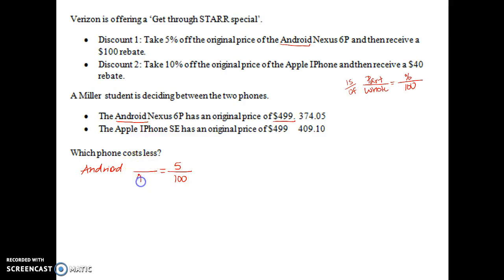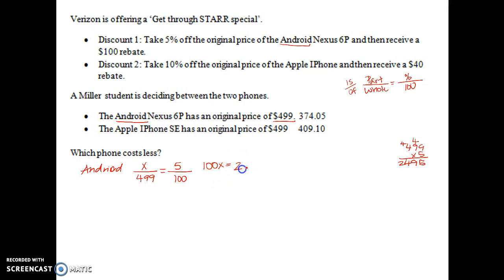So what we're looking for is 5%, so 5 over 100, of $499. So that's on the bottom, that's the whole. The top is x, we need to do our cross product. So 100x equals, and I'm going to go over here and do my 499 times 5. 9 times 5 is 45. 9 times 5 is 45, plus 4 is 49. 4 times 5 is 20, plus 4 is 24.